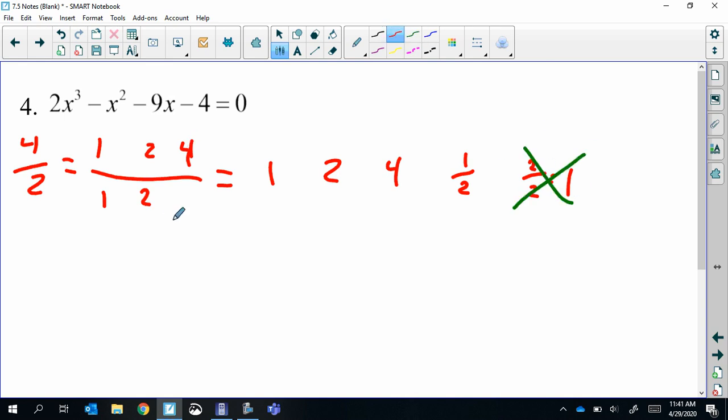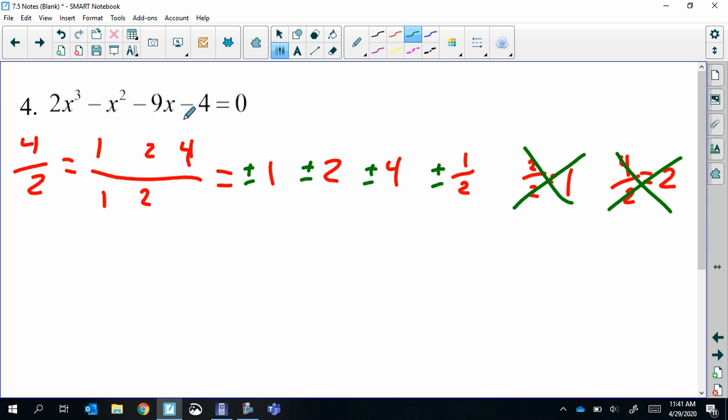And then 4 over 2, which is 2. We already wrote down the number 2, so we don't need that either. So these are our possibilities: 1, 2, 4, and 1/2, and then they are all plus or minus.